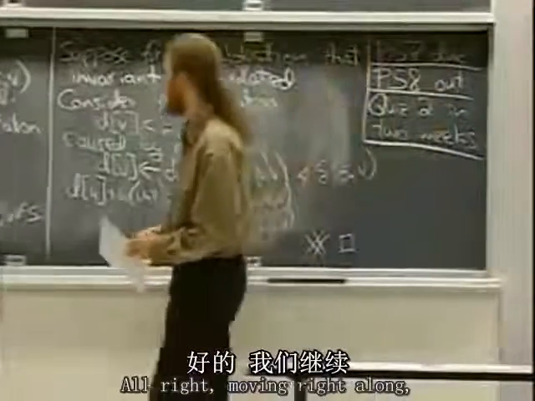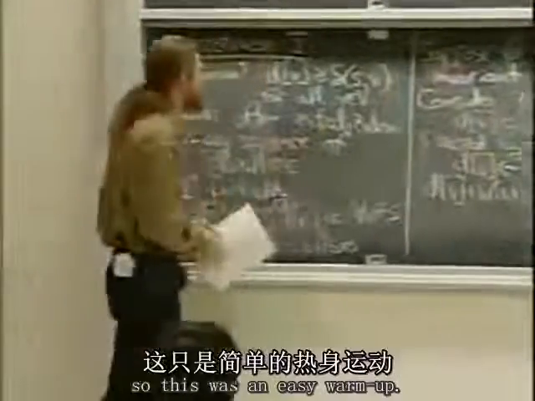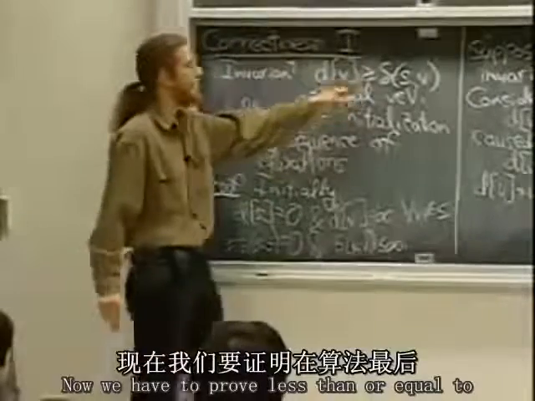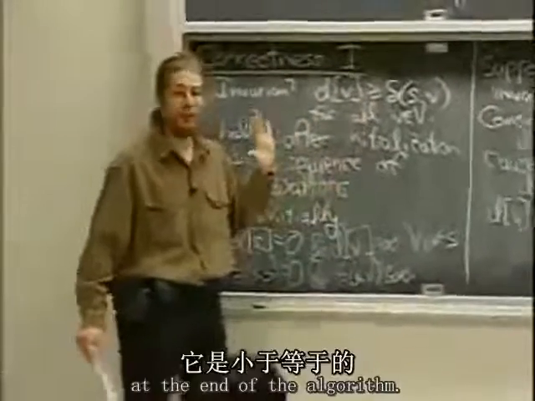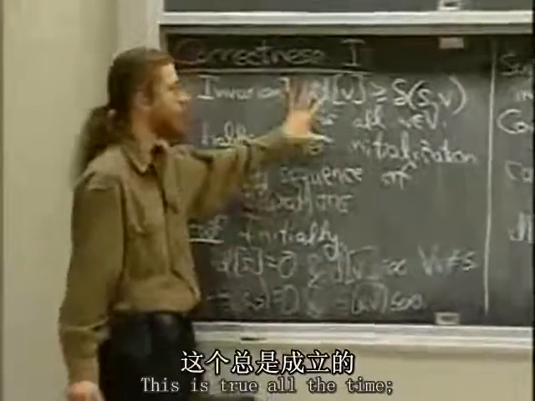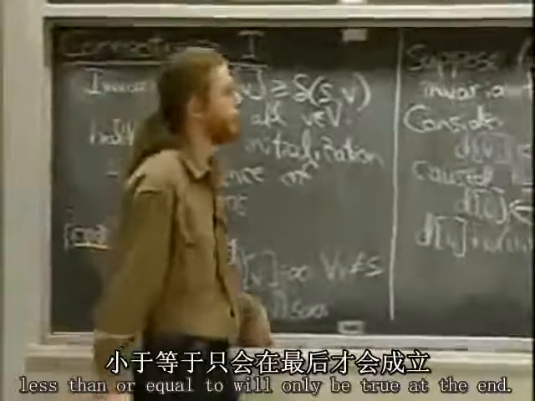Moving right along. So this was an easy warm-up. We have greater than or equal to. Now we have to prove less than or equal to at the end of the algorithm. Greater than or equal to is true all the time. Less than or equal to will only be true at the end.